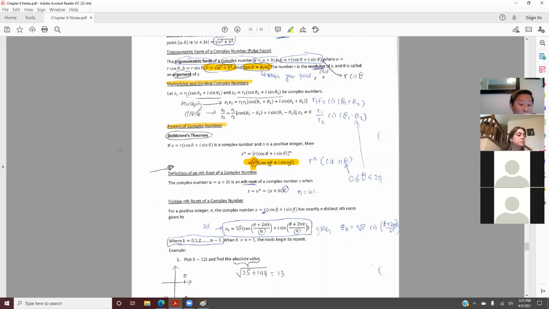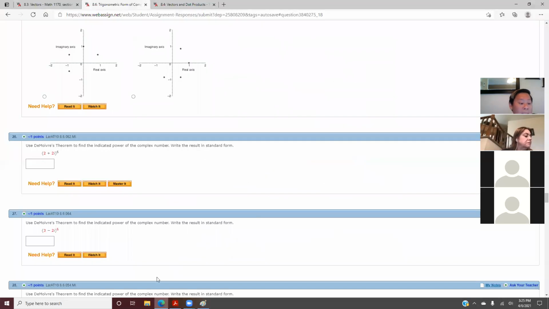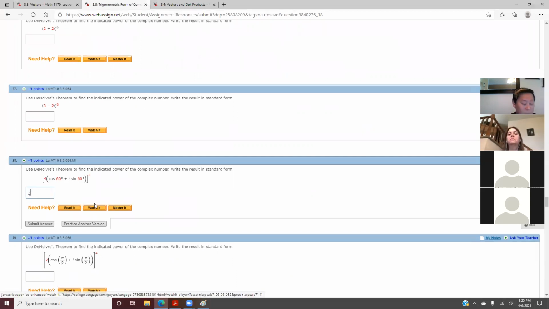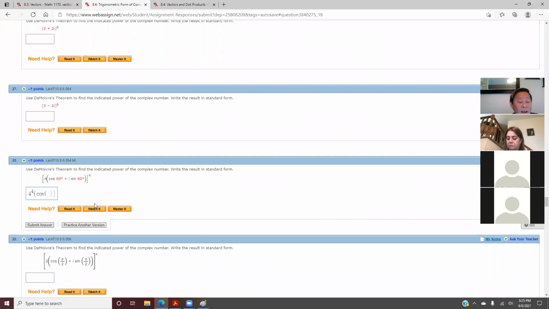What does that mean in this case? If you have something like this, you have to convert it into the trig form first. Once you get into trig form, with the De Moivre theorem the number 4 here will be power 4, and your angles you multiply by 4.